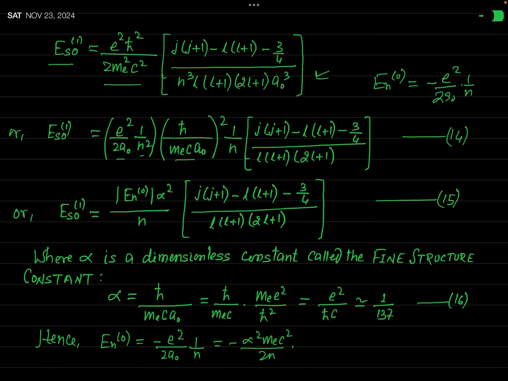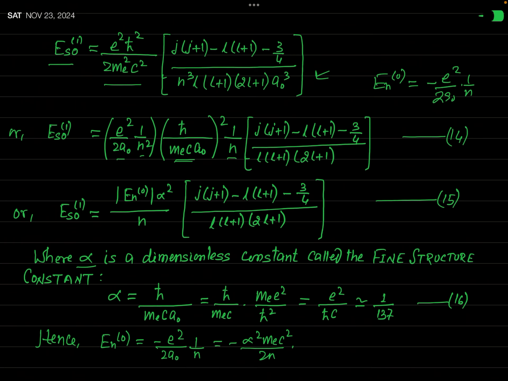And for ħ over m_e c a₀, we write alpha. So this is alpha squared divided by n and the remaining factor. So this is the energy of interaction E_SO1 in terms of E_n⁰ and alpha.